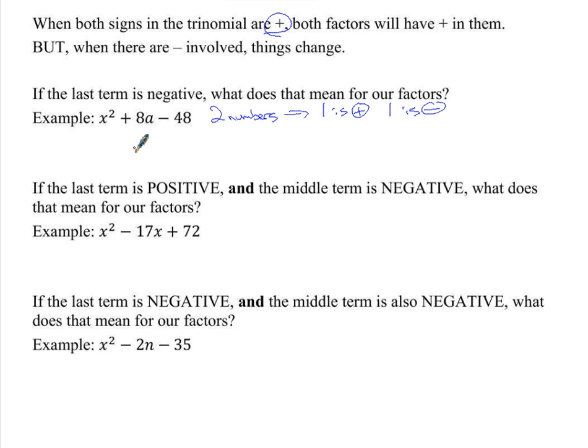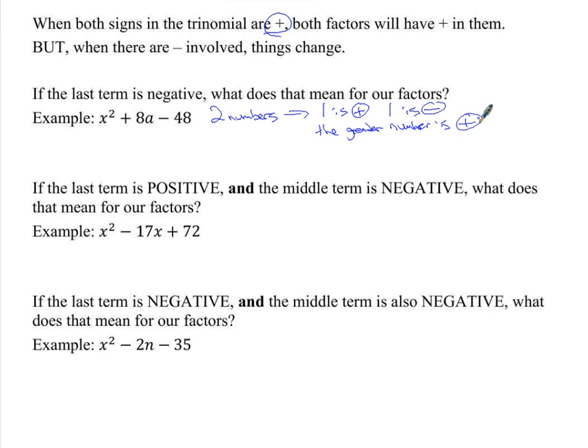But the magnitude of the positive one is bigger than the magnitude of the negative one, okay? So I can say that the greater number is positive. By greater, I mean the magnitude of the positive number is bigger than the magnitude of the smaller number.